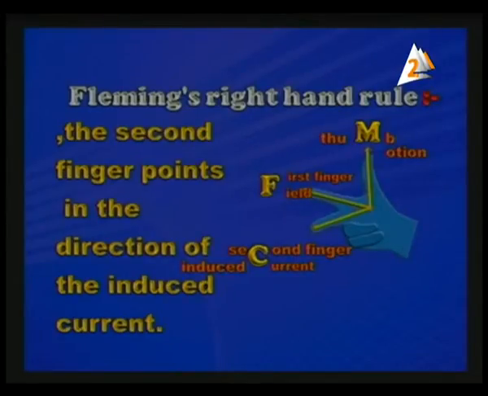The second finger points in the direction of the induced current. This was Fleming's right-hand rule.